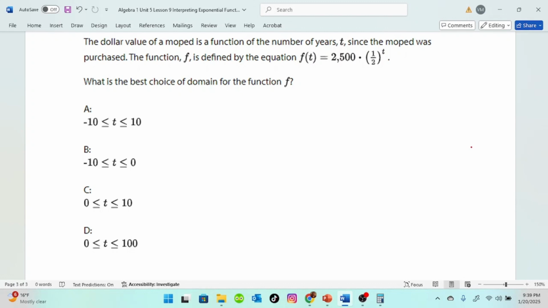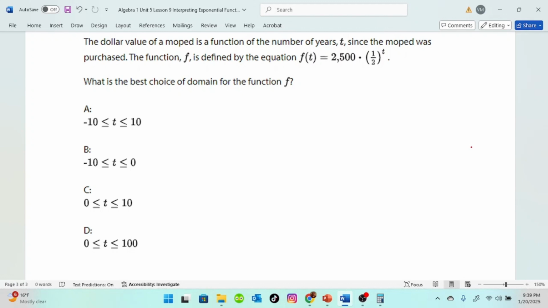So, mathematically, we see that choices A and B start at -10, and we see that choices C and D start at 0.